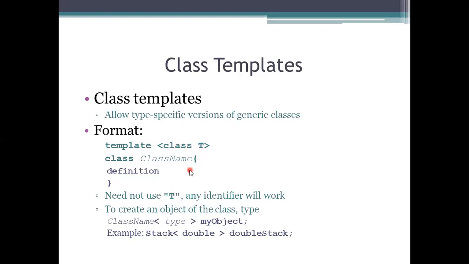And how am I going to create this class and access it? We write the definition here, and for accessing we need to create the object based on the type.